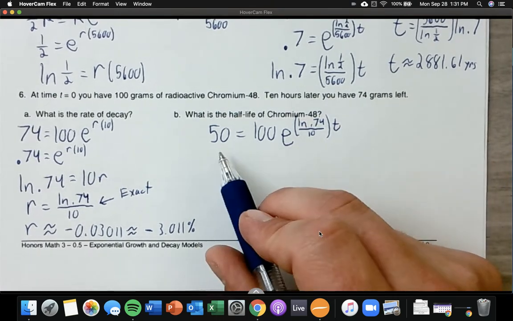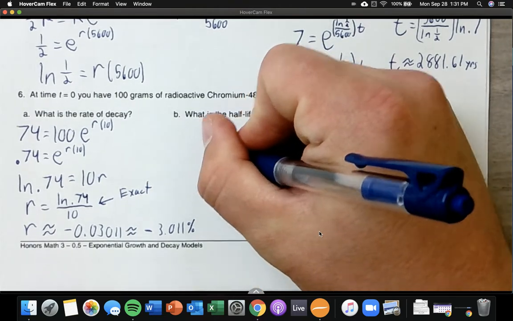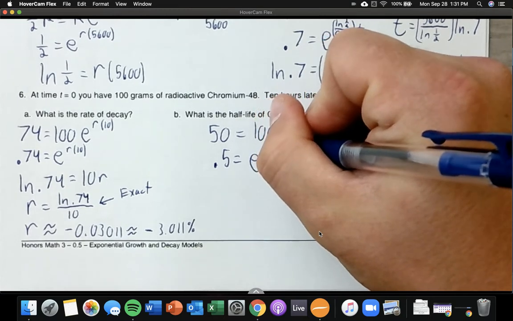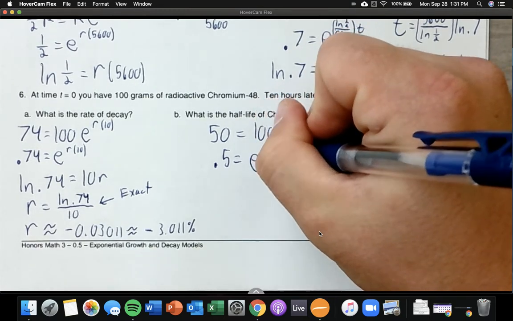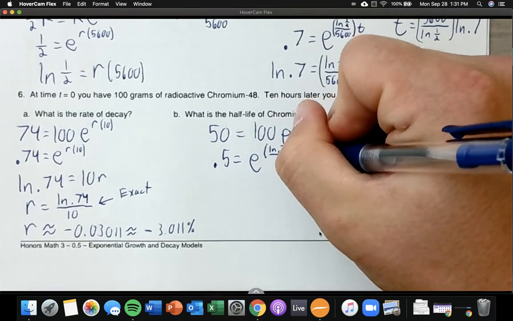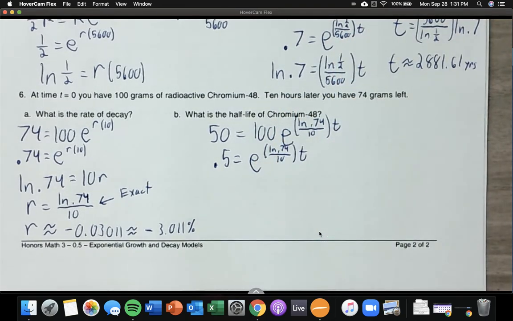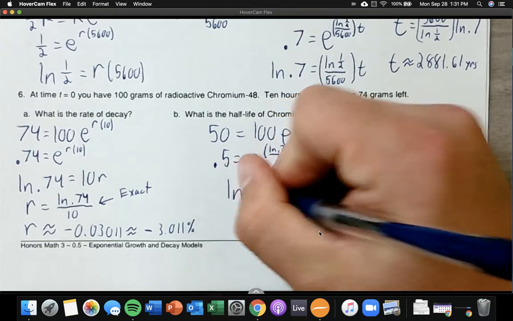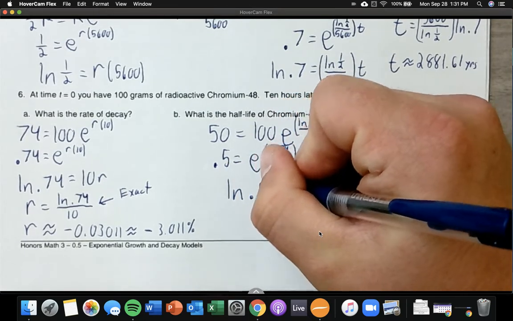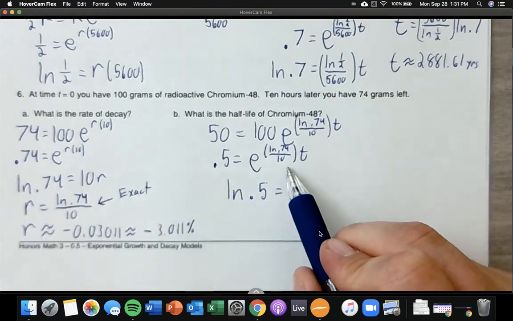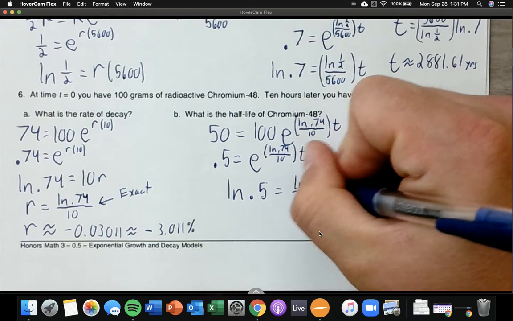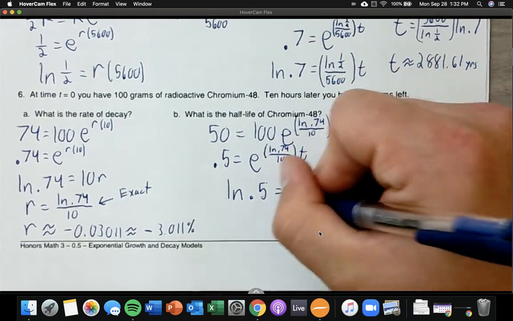We can divide this 100 over, and we end up getting 0.5 is equal to e to that natural log of 0.74 all over 10 times t. And again, we're converting it to our natural log equation, which would be the natural log of 0.5 is equal to our exponent here, which is that natural log of 0.74 all over 10, times t.